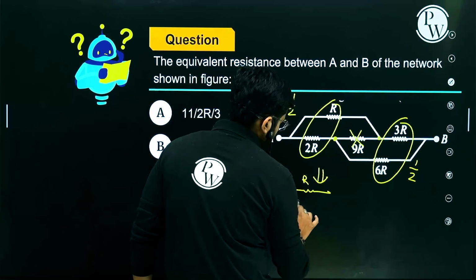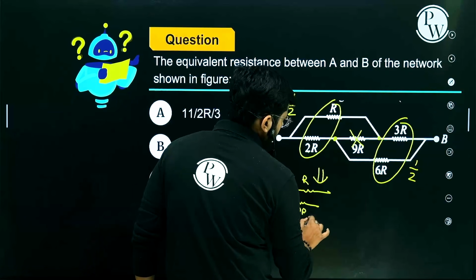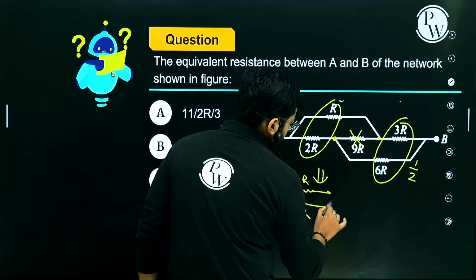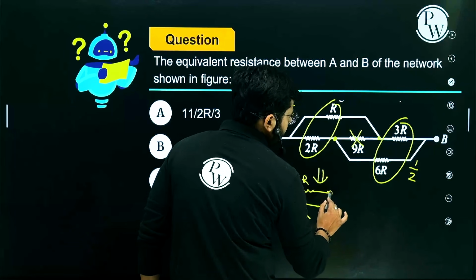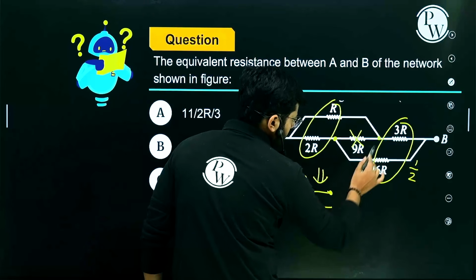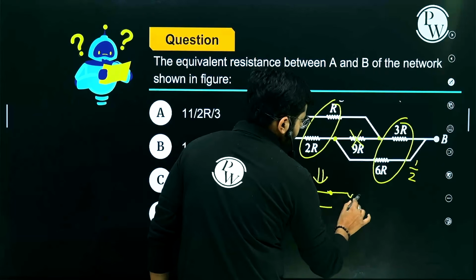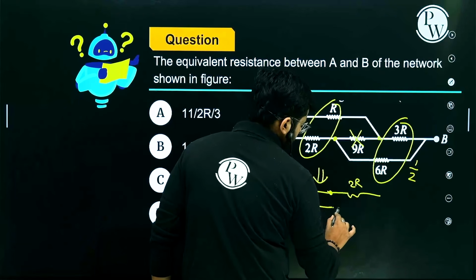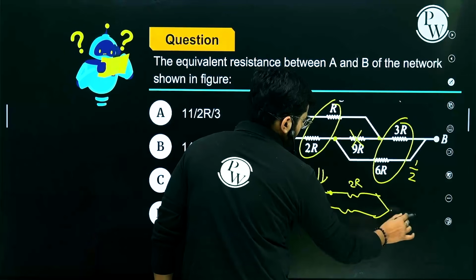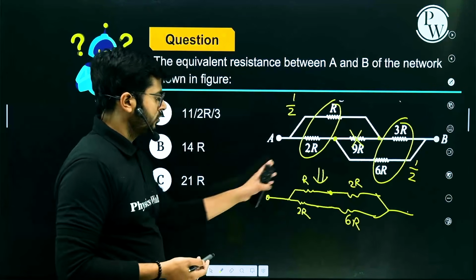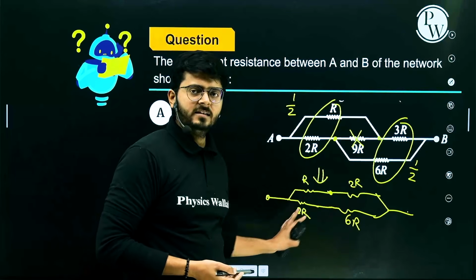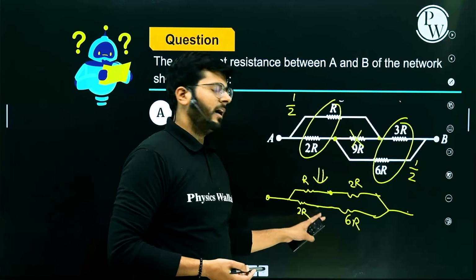R and 2R, and similarly this resistance is removed. So we can just extend it, 3R and 6R. Now you see that R and 2R are in series, so 3R, and 2R and 6R in series, so 8R. 3R and 8R are going to be in parallel.